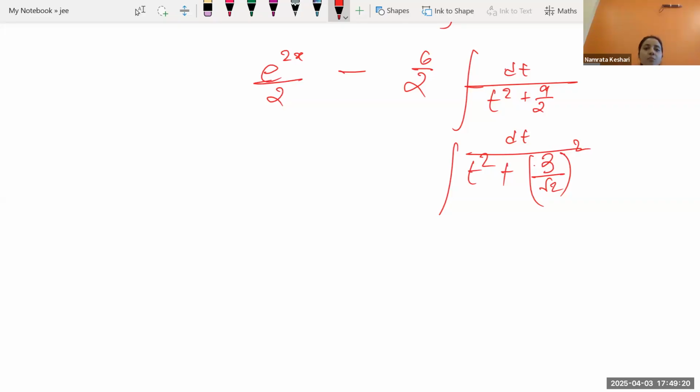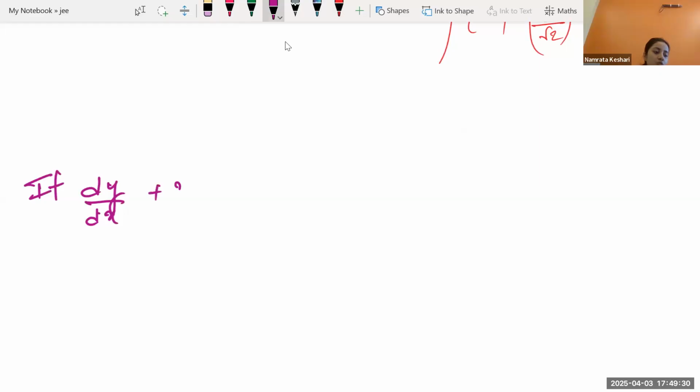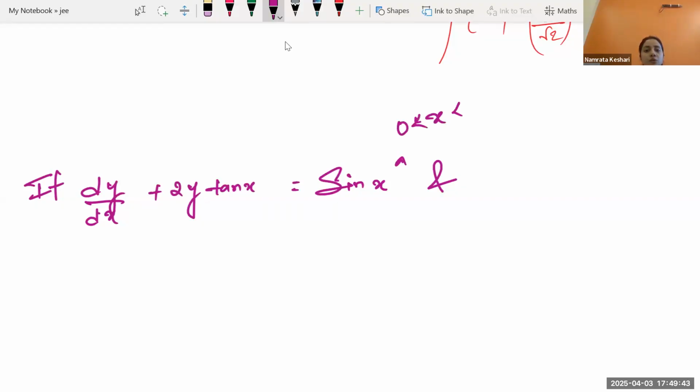Here it says find the maximum value if dy dx plus 2y tan x is equal to sin x, and x lying in between 0 to pi by 2.